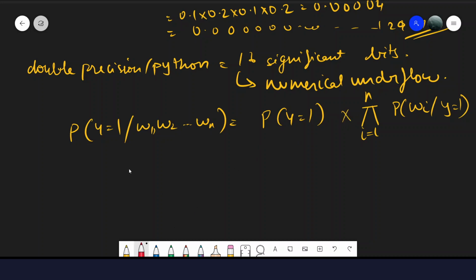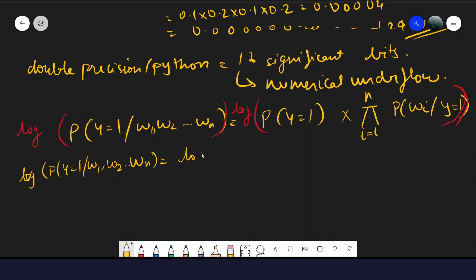What can I do to overcome that numerical underflow problem? What if I take the log of both sides of the equation? I get the log of p of y equals 1 given w1, w2, all the way to wn.